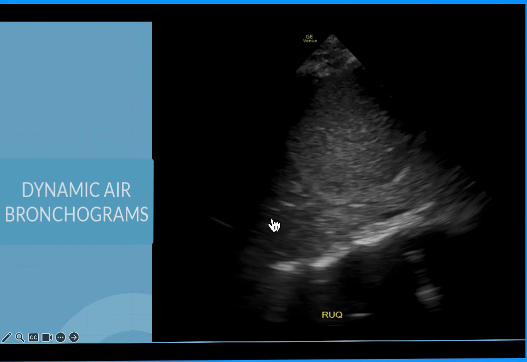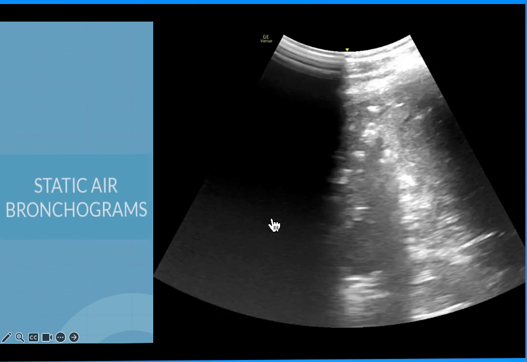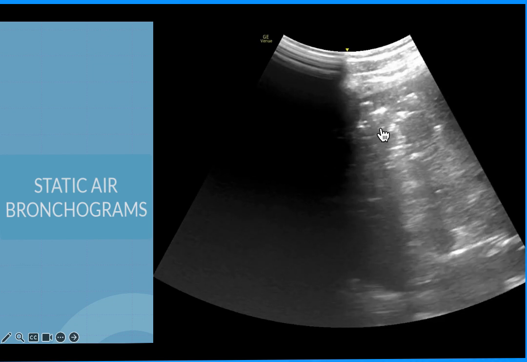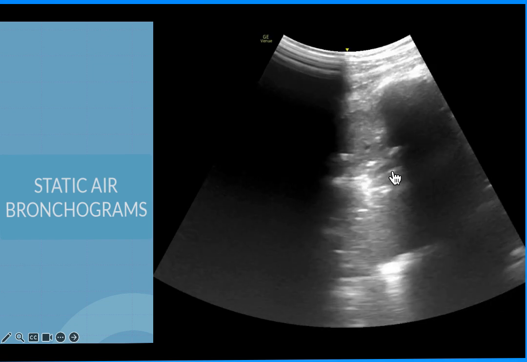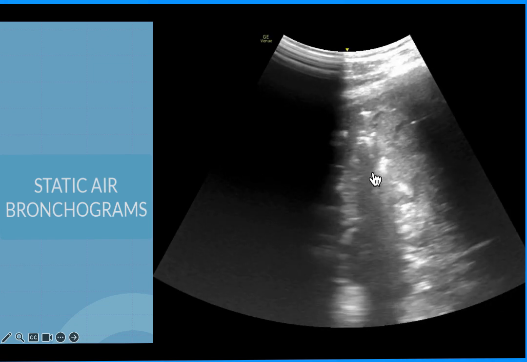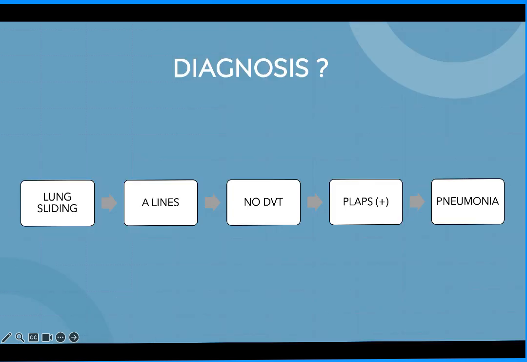So again, this is typically seen in pneumonia, in consolidated lungs, the dynamic air bronchograms. Now, this is an example of a static air bronchogram. So we're seeing all these hyperechoic bright lines. They do not really appear to be moving during respiration. And again, this is a typical finding in atelectatic lungs.